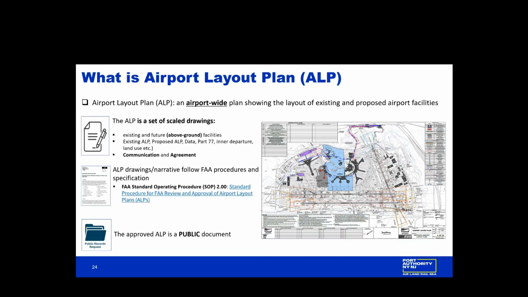It also contains a Part 77 airspace drawing, which Enrica just mentioned, with the approach surfaces for all the runways and an obstruction table itemizing every single obstruction surrounding the airport. We also have a land use plan showing land use within and around the airport, and property sheets showing the airport property and potential future airport property as well.